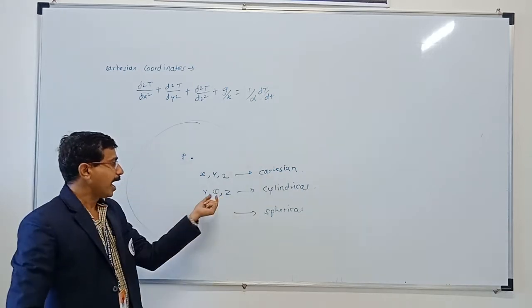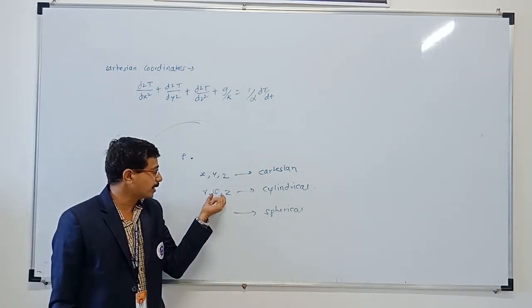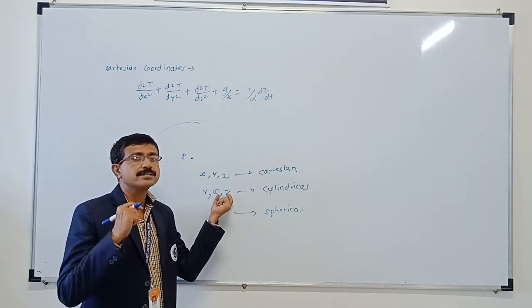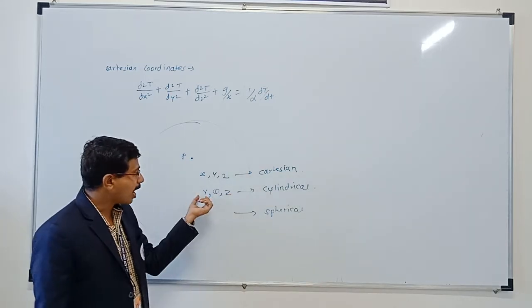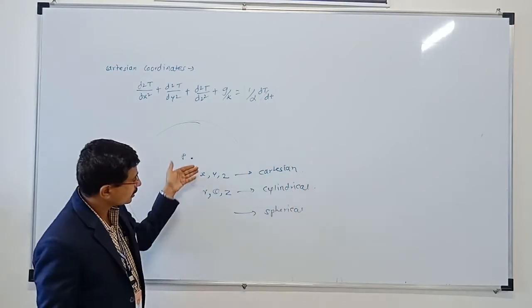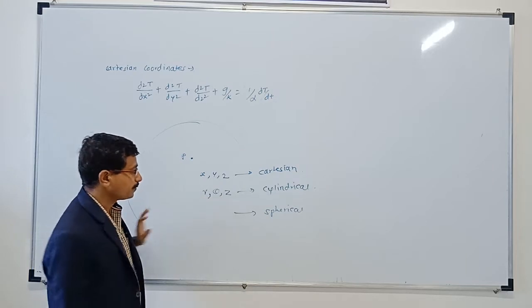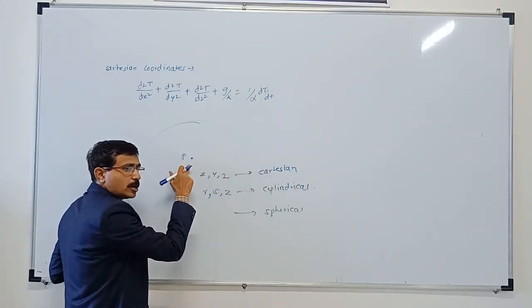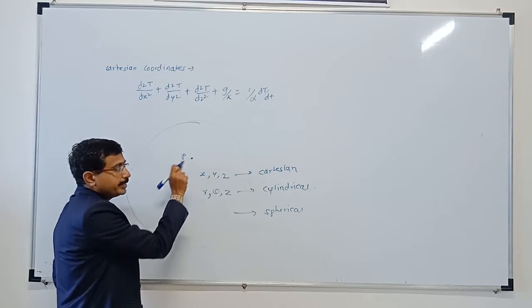What is theta? Angle with respect to x-axis. And z means distance along z direction. So r, theta and z are the cylindrical coordinates. These are interconvertible, because all coordinate systems do the same job, indicating the position of a point in space.